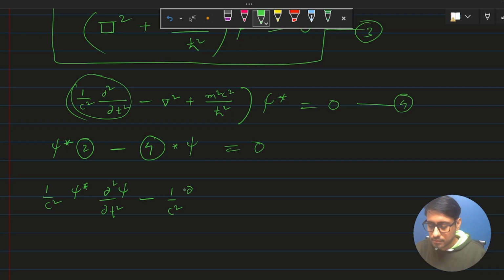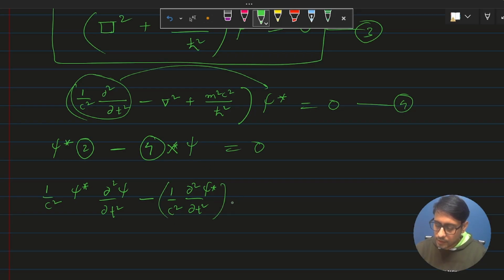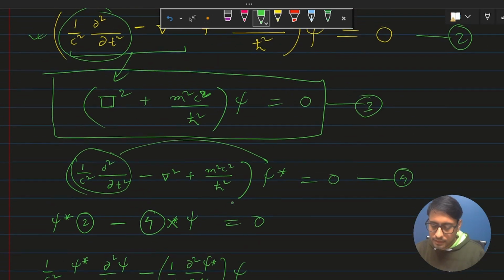I think this is not an asterisk, this is a multiplication sign. So del 2 over del t square acting on this, and then multiplied by this psi. So this is for the first term of the left hand side.